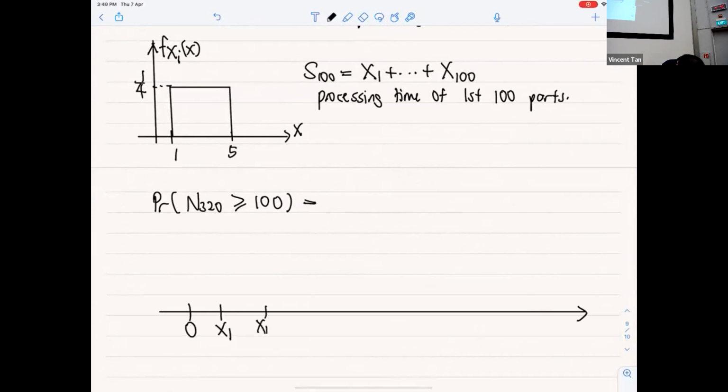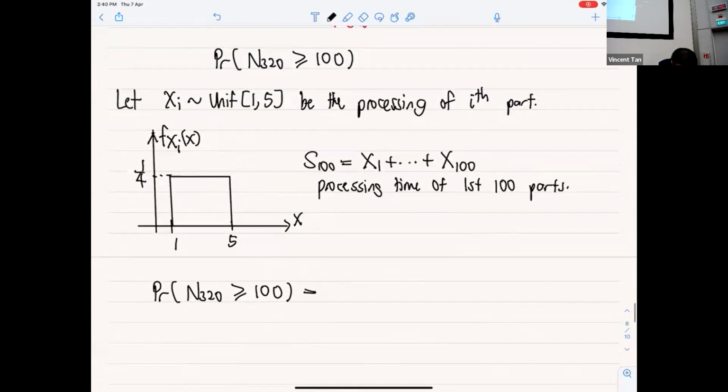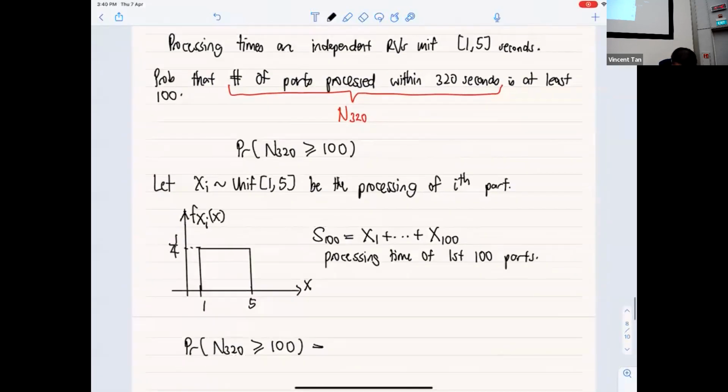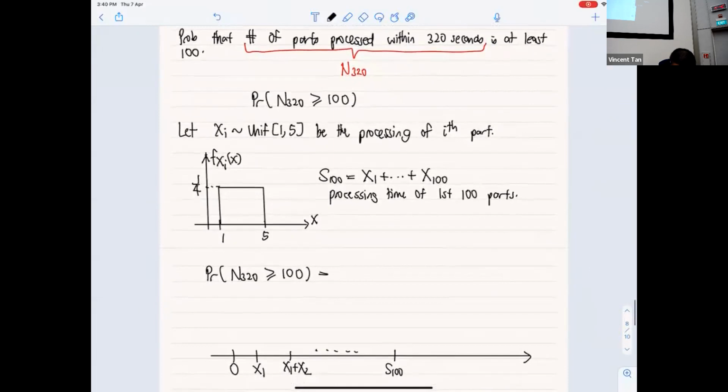This is how long it takes to process the first part and the second part. This is the time it takes to process the first 100 parts. This dot here. So we are interested in the event that the number of parts processed within 320 seconds is at least 100.